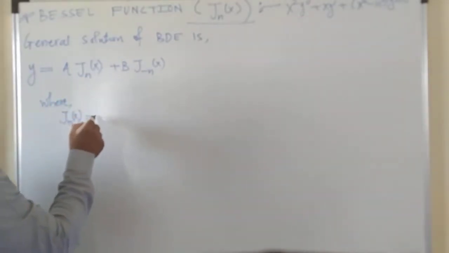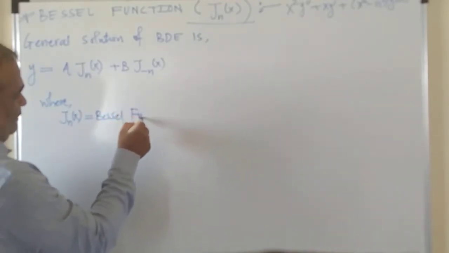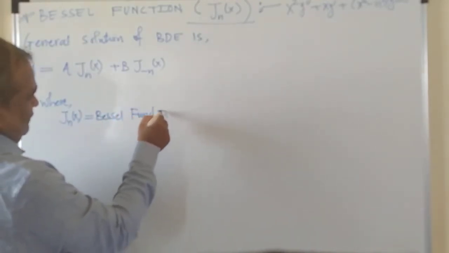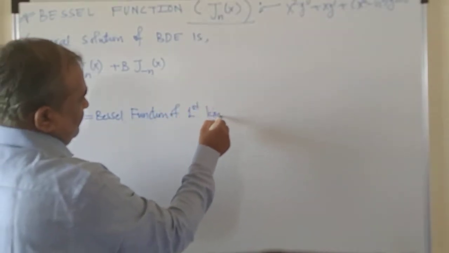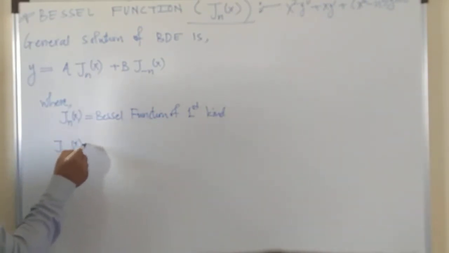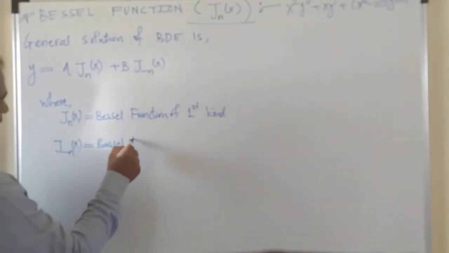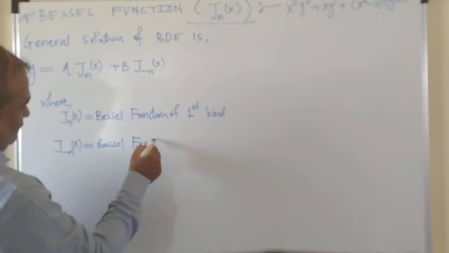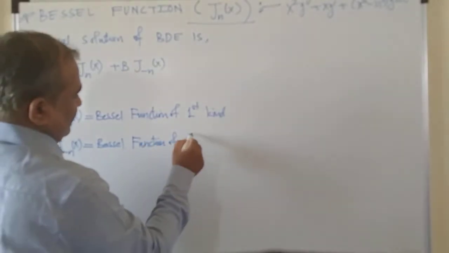So Jn of x is the Bessel function of first kind, and this J minus n of x is called Bessel function of second kind.